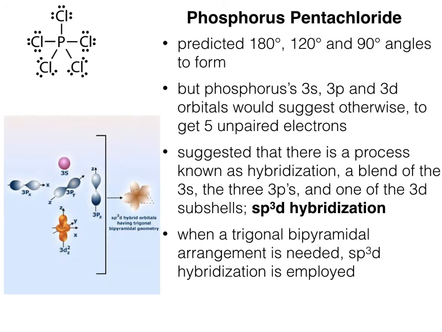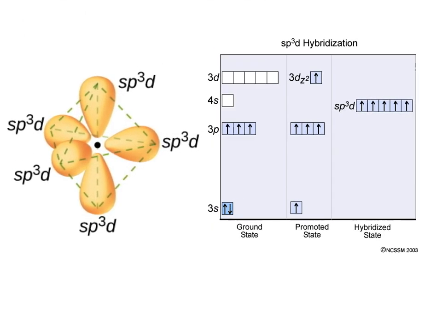You can see the pink 3s suborbital, the three grayish 3p suborbitals, and then you've got one of the 3d suborbitals, and now you end up with 5 equivalent sp3d hybridized orbitals, and they look like this.